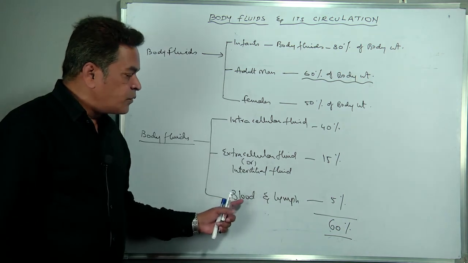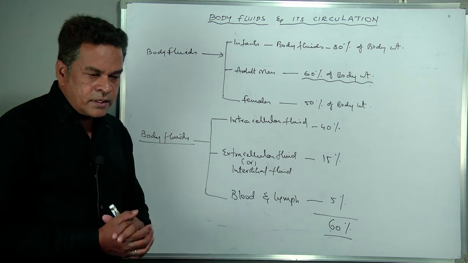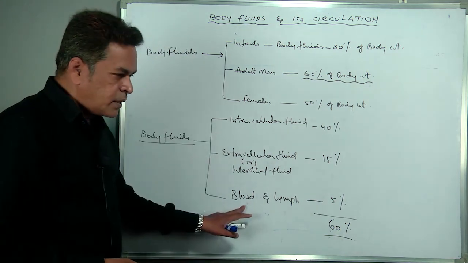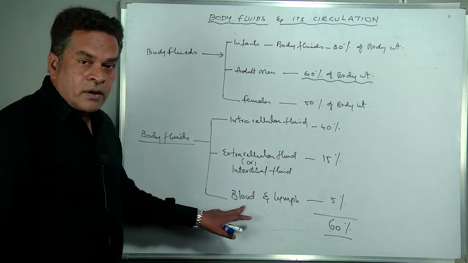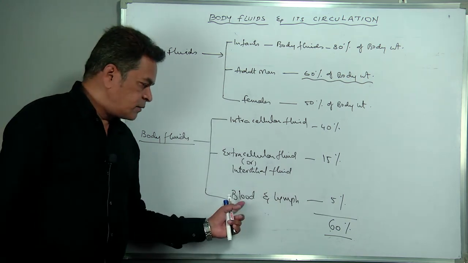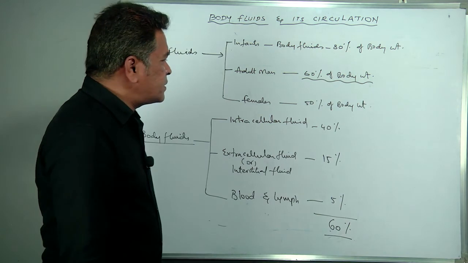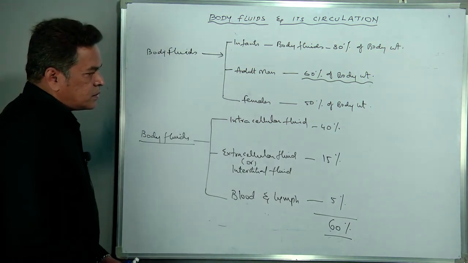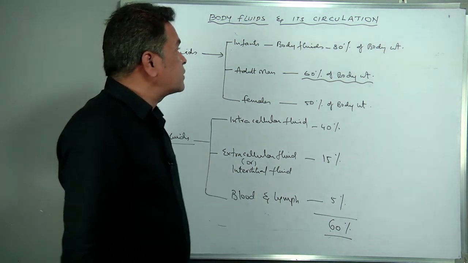And blood, of course, we have to discuss in detail, its components. It is a very important topic, and already covered under structural organization, but we'll recall once again the components of blood and lymph. For now, remember these basic facts about body fluids: intracellular fluid, extracellular fluid, and blood and lymph, 60% of the body weight.